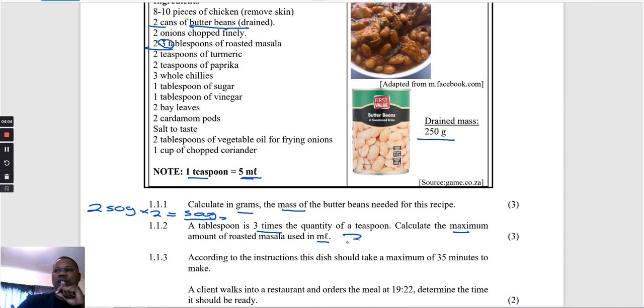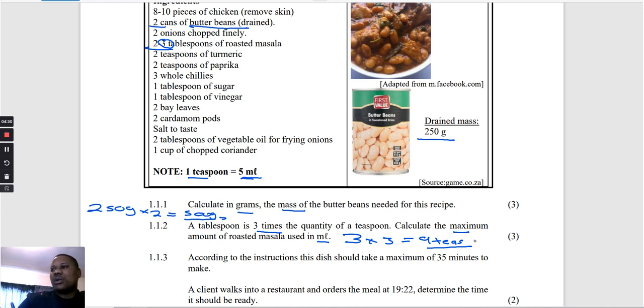So we're going to say 3 tablespoons multiplied by 3. Why do we say 3? Because they are telling us that 1 tablespoon is 3 times the quantity of a teaspoon. Okay, so it means that we're going to need 9 teaspoons. But now we're going to convert 9 teaspoons into milliliters.